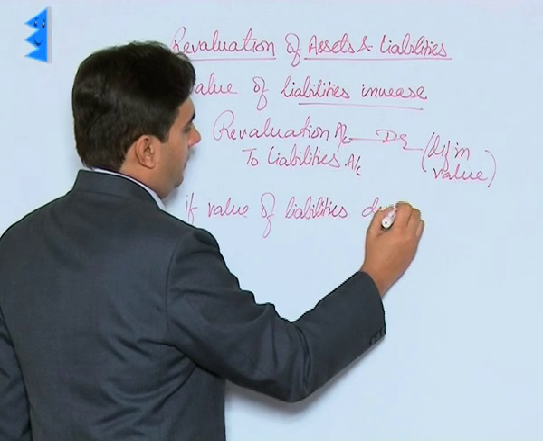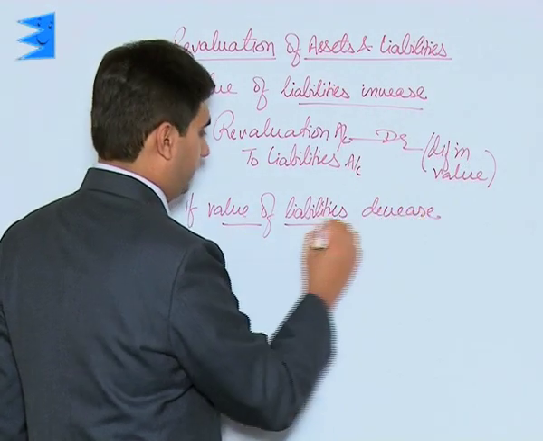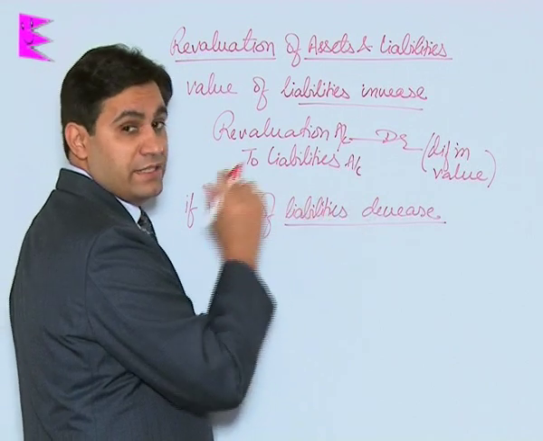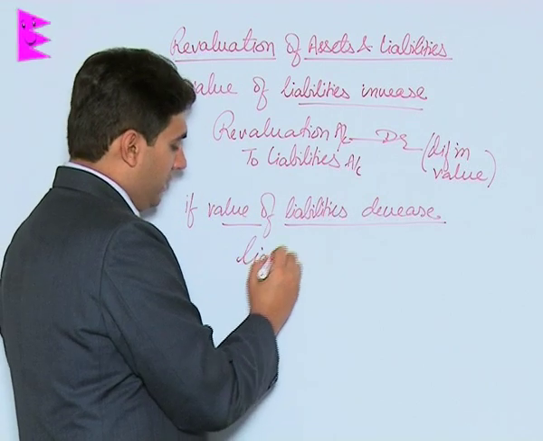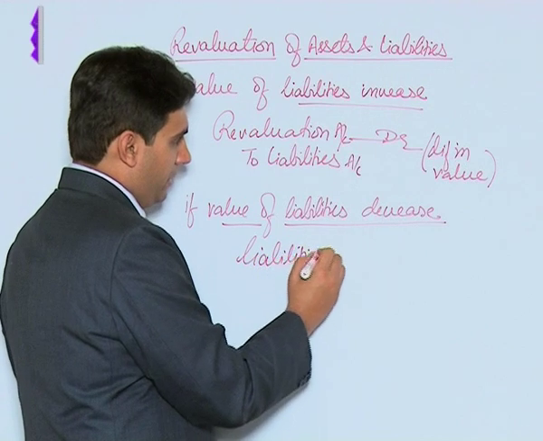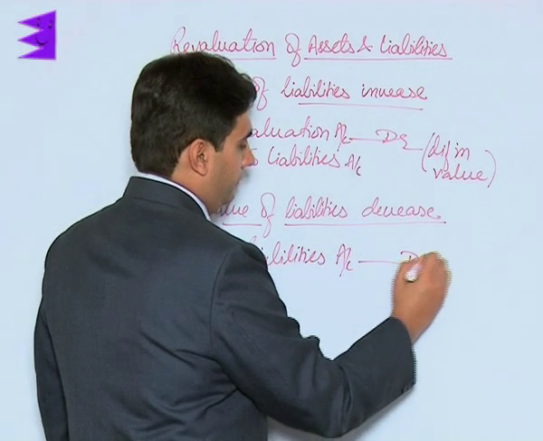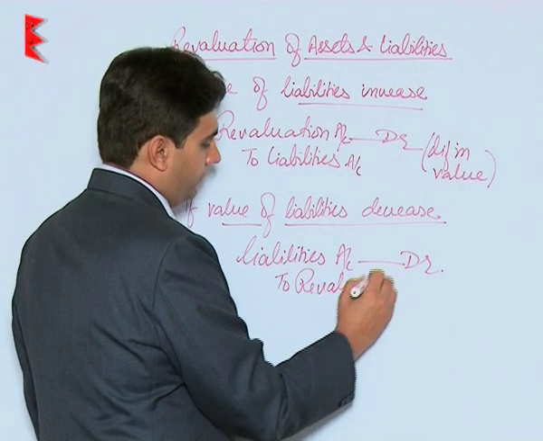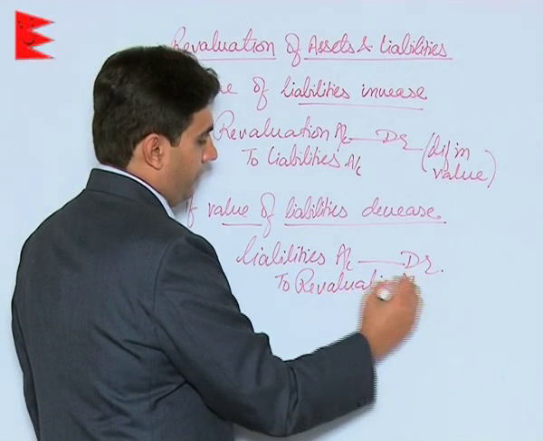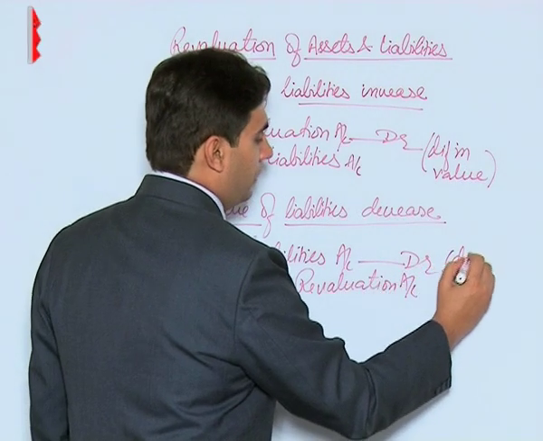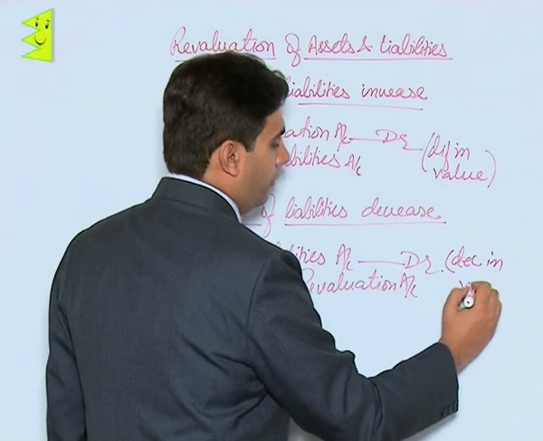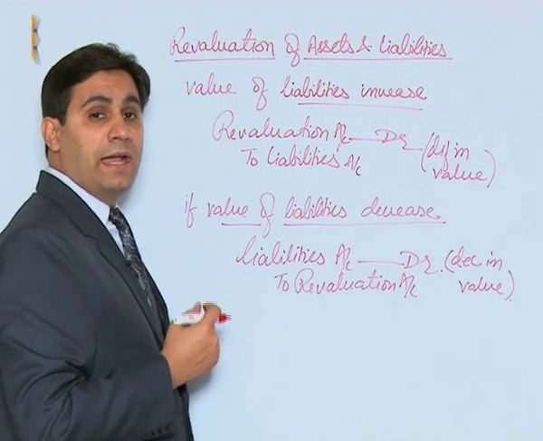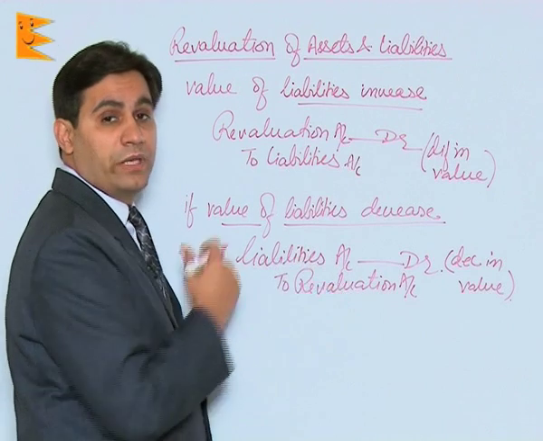Then if the value of liabilities decreases, now students, when the liabilities are decreasing, the entry would be liabilities account debited to revaluation account, with an amount equal to the decrease in value, or the difference between the value appearing in the balance sheet and the market value that should now be recorded.